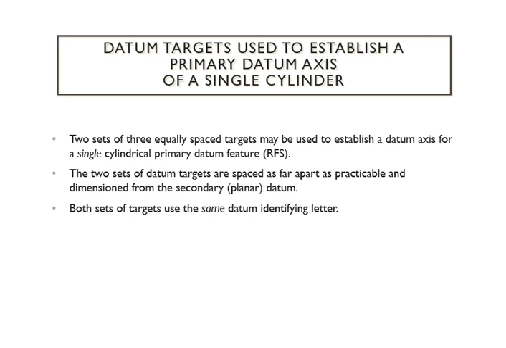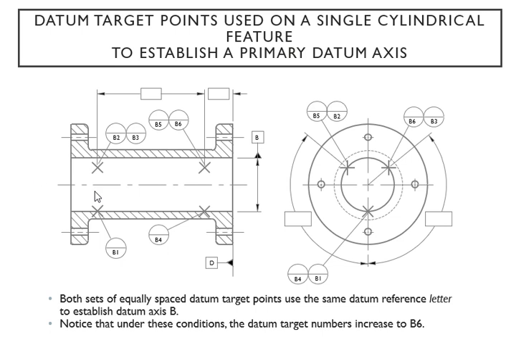So now both sets of targets are using the same datum identifying letter. So here in this case, don't worry about these dimensions, I can see it anyway. So we have a B here, D here, and then our targets, showing you. We have different views.